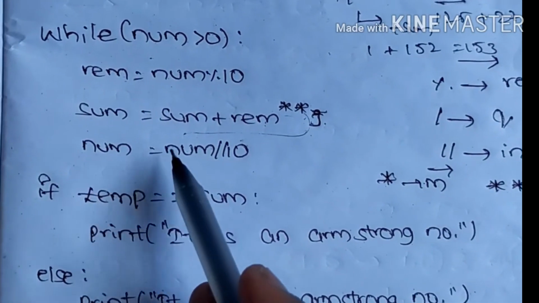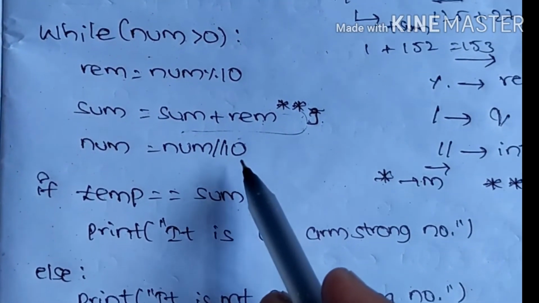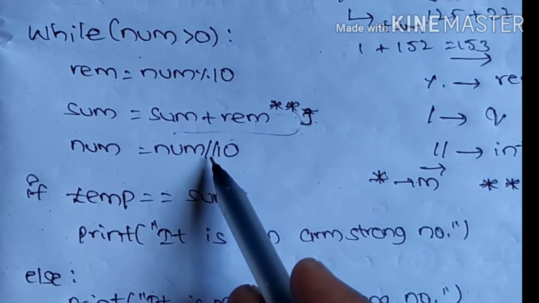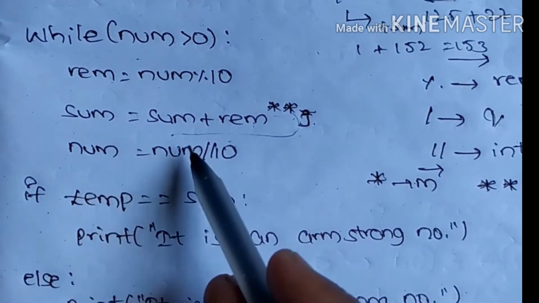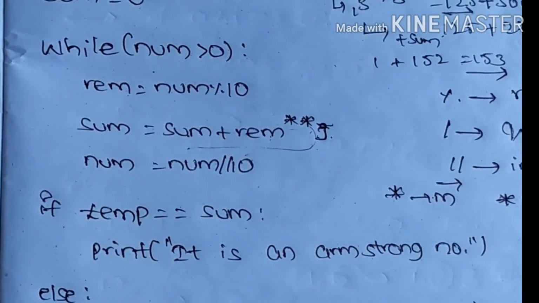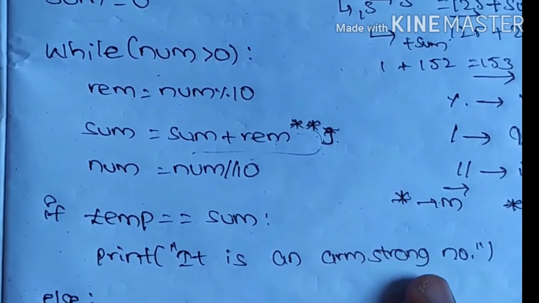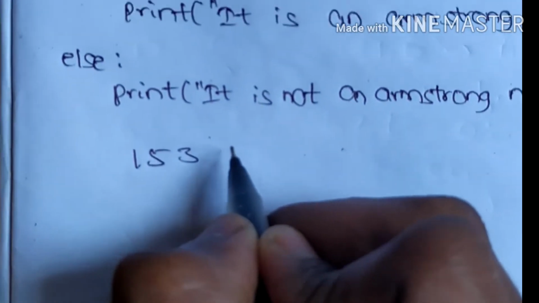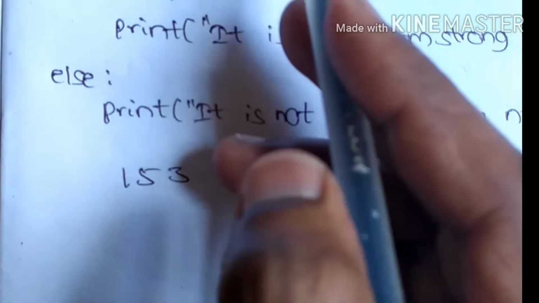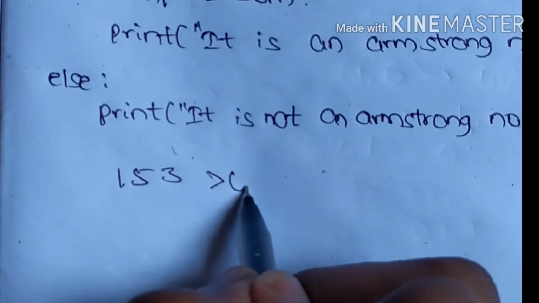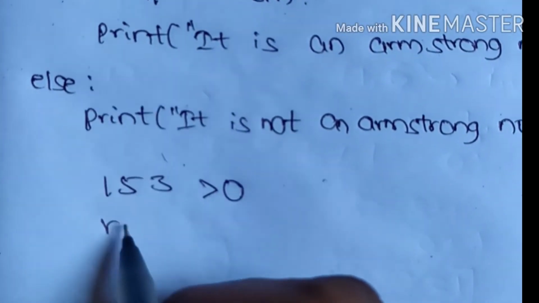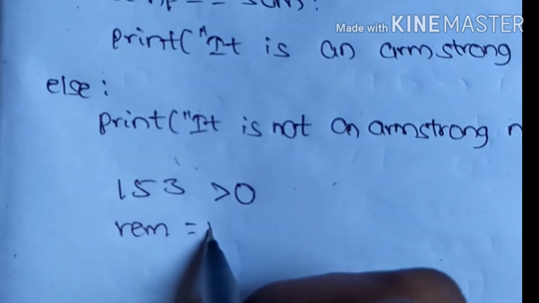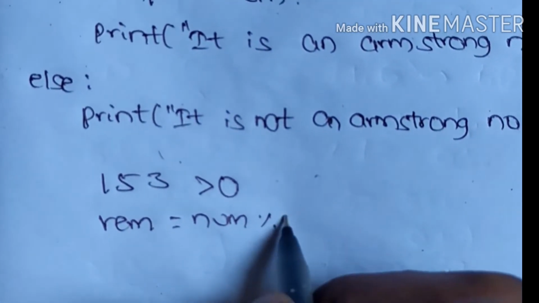And next will be num equal to num divided by 10. Here it will give only integer quotient, it will be stored in num. If we consider example of 153, first the condition is num greater than 0. Yes, 153 is greater than 0. Next we will get remainder equal to num divided by 10.